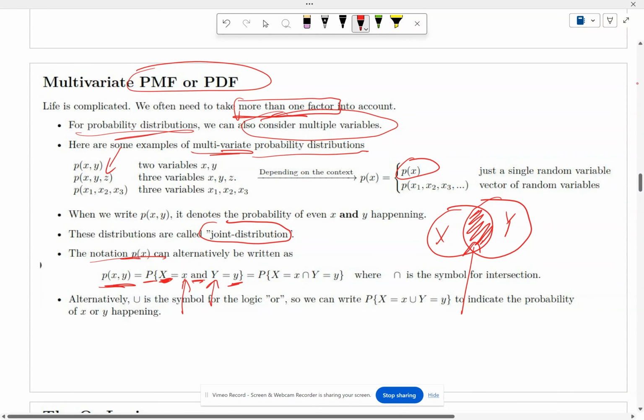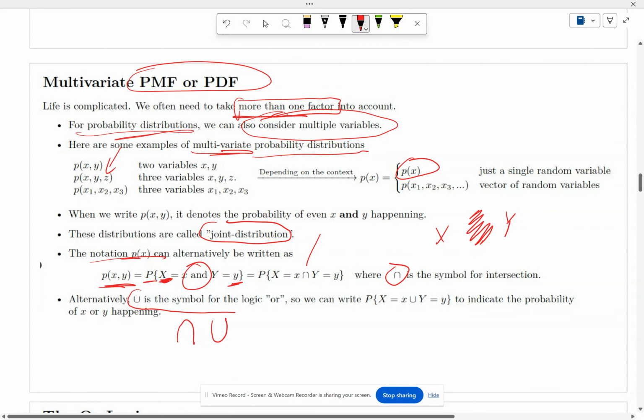This symbol here is for intersection. Intersection is really the 'and' logic. Alternatively, this is a union symbol, and it means 'or'. You can think of that as the 'or' logic.